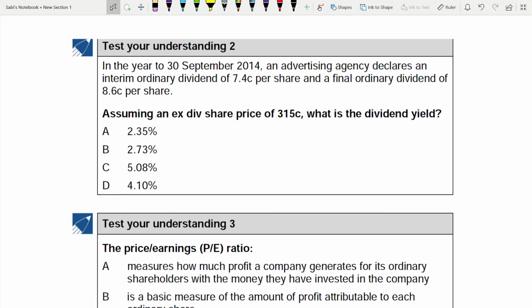Okay, let me write it. This is the reason why you have to know the formula at this stage. Can you see? So I will write the formula here.